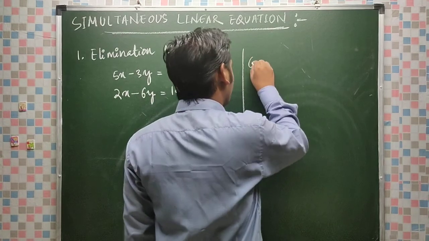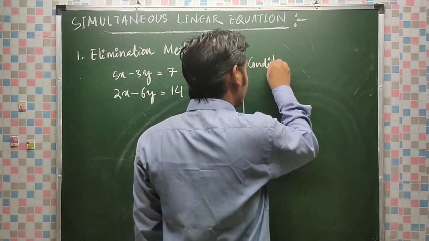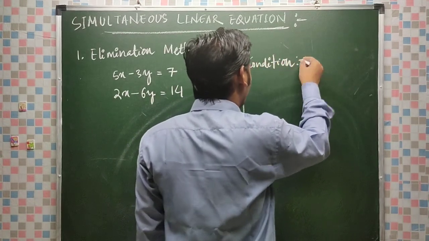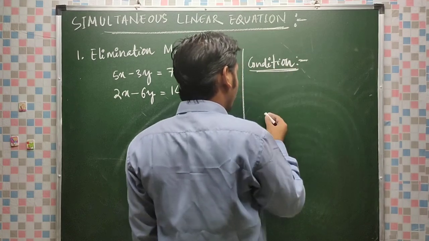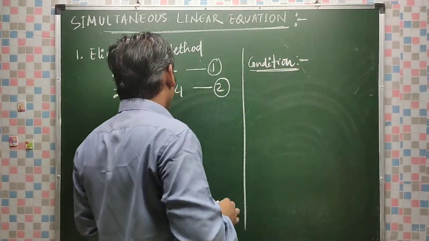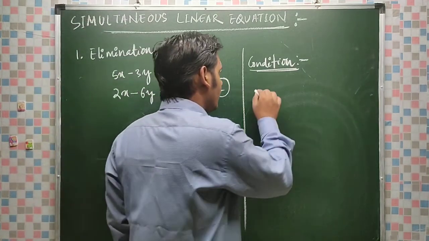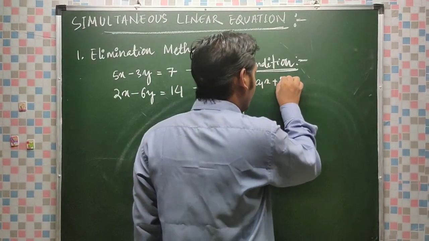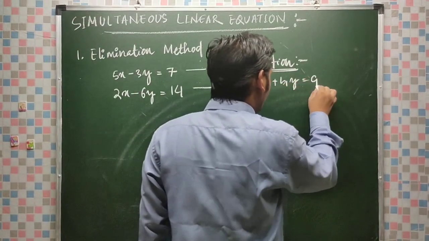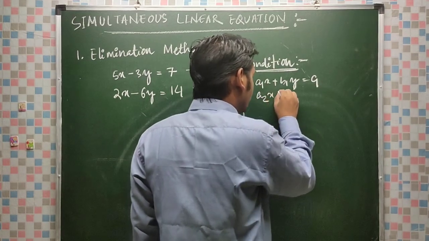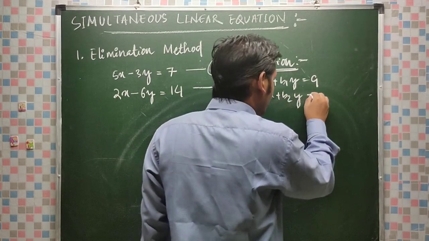Always you have to remember the condition. It is in the form of a1x plus b1y is equals c1, and the second one a2x plus b2y is equals c2.